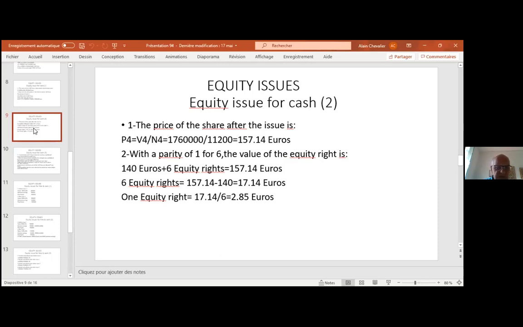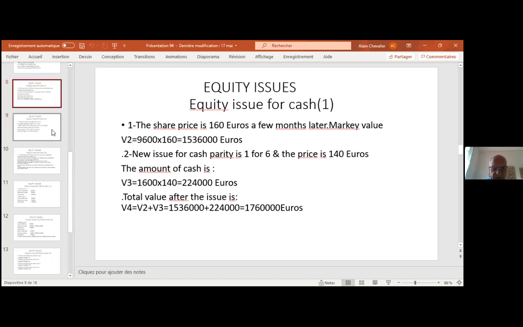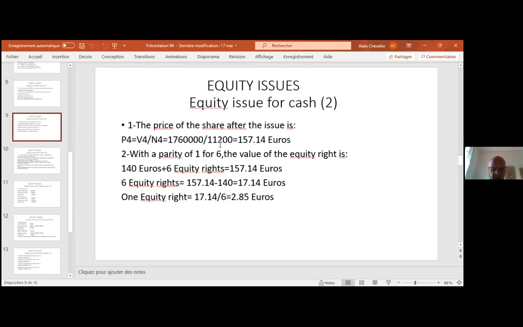We have made a calculation before of V4, and V4 is here on the last line: 1,760,000 euros. And now we have an increase in the number of shares because we had 9,600 shares at the beginning of the issue, and we added 1,600 new shares.